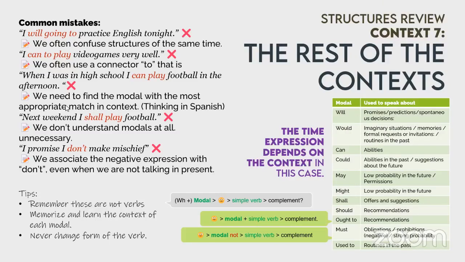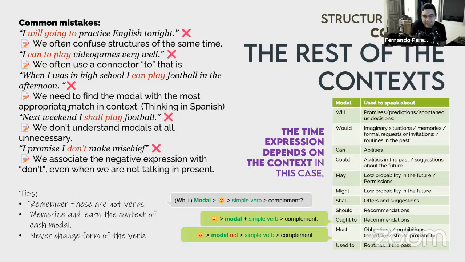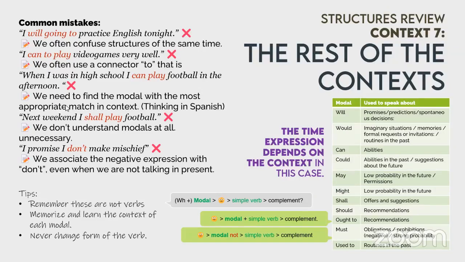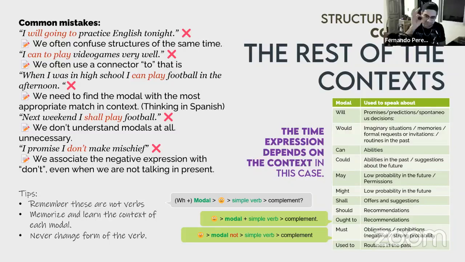Might is a probability. You probably have 70% of the money, but if you have like 20% of the money, probably next year, then it's necessary to use might not. I might not buy an electric car this year. Correct.